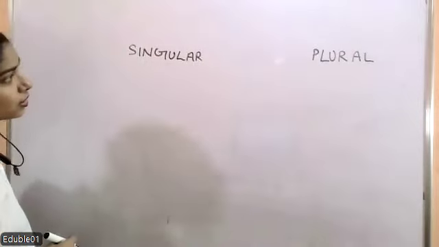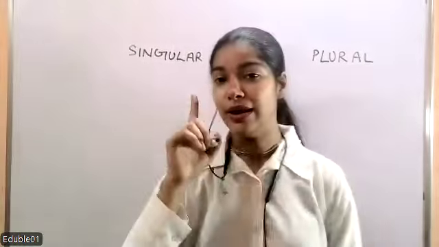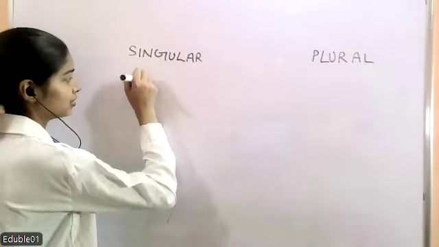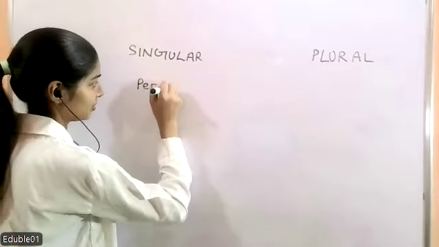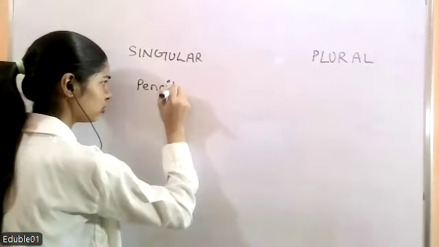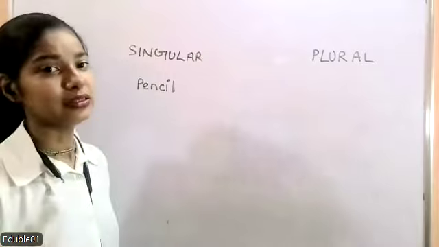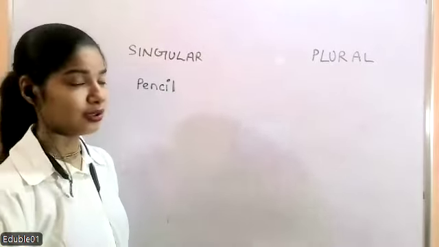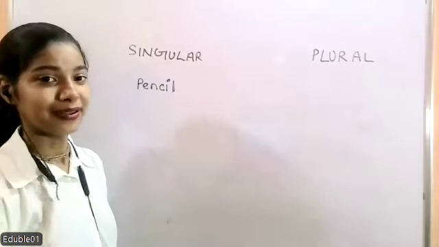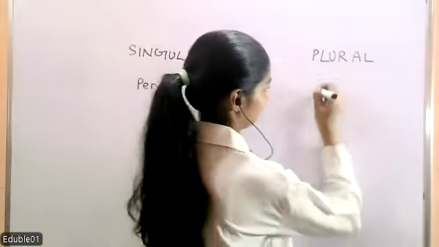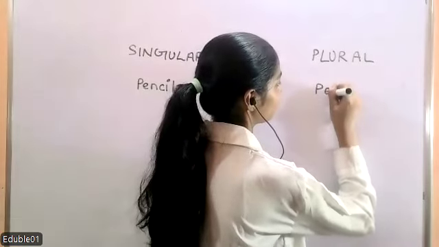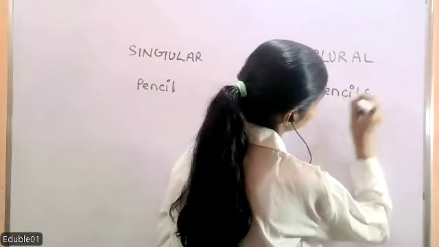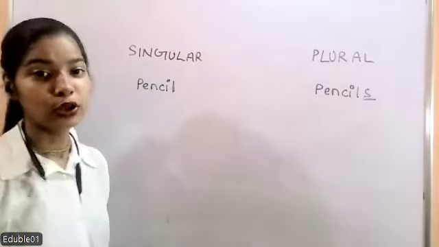If I'm talking about only one thing, let's say one pencil, that is a pencil. But what if I'm talking about more than one pencil? So it is not pencil anymore, but pencils. So here we have added S for the plural.